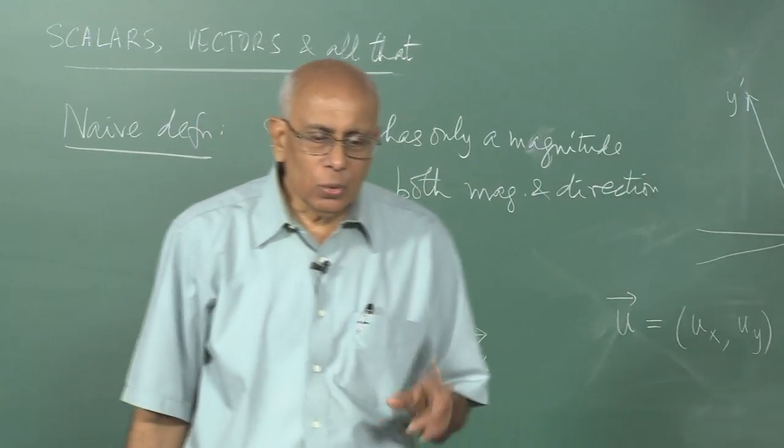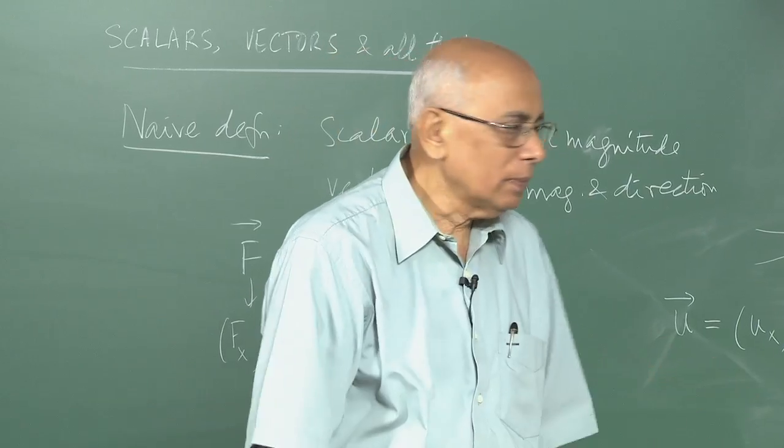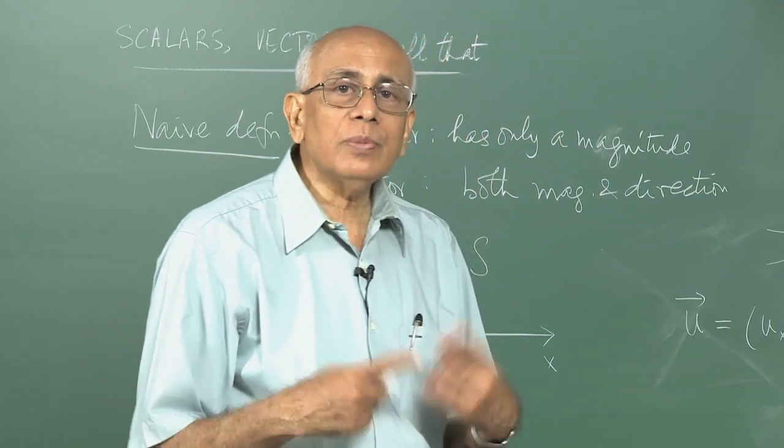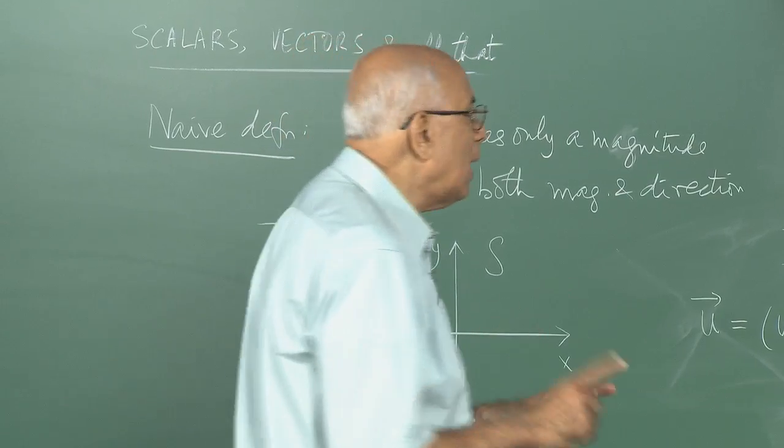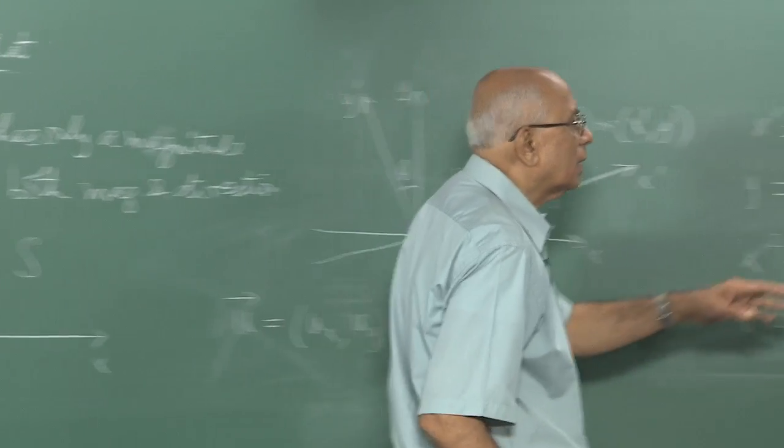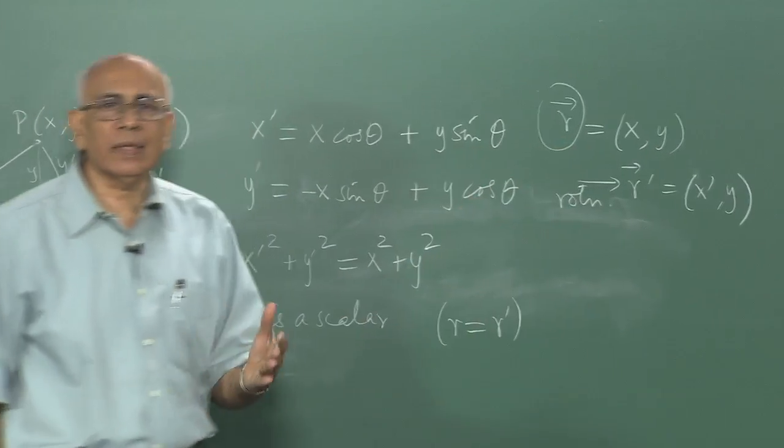any quantity with two components written in this form which transforms under a rotation in the same way that the coordinate r itself transforms is called a vector.